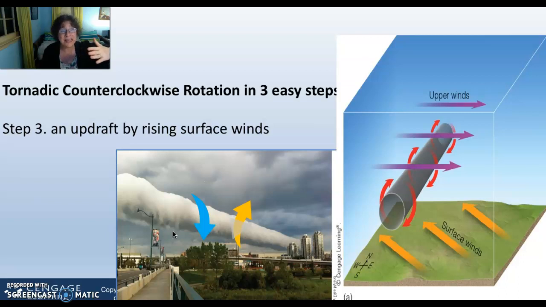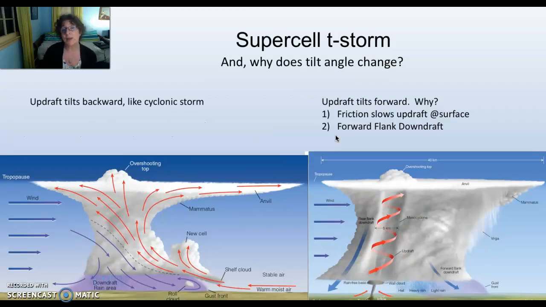And then all you need is an updraft from some of these warm winds out of the Gulf of Mexico, and suddenly you've got a supercell thunderstorm that has turned into a tornado just on the impact of a roll cloud that was at the base of the supercell thunderstorm. So I wanted to point that out to you.